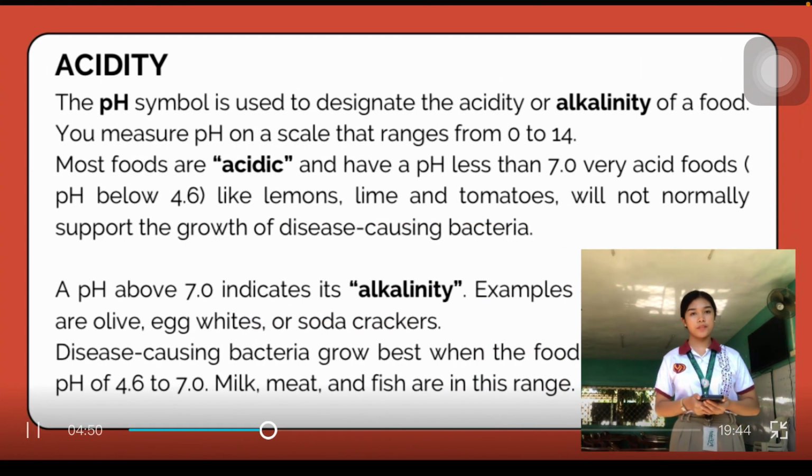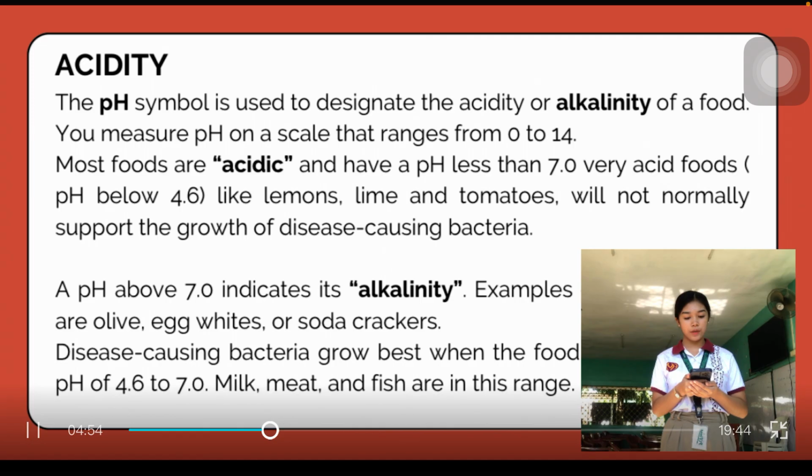So now we're going to talk about acidity. The pH symbol is used to designate the acidity or alkalinity of the food. The measure of pH ranges from 0 to 14. Most foods are acidic and have a pH less than 7.0.